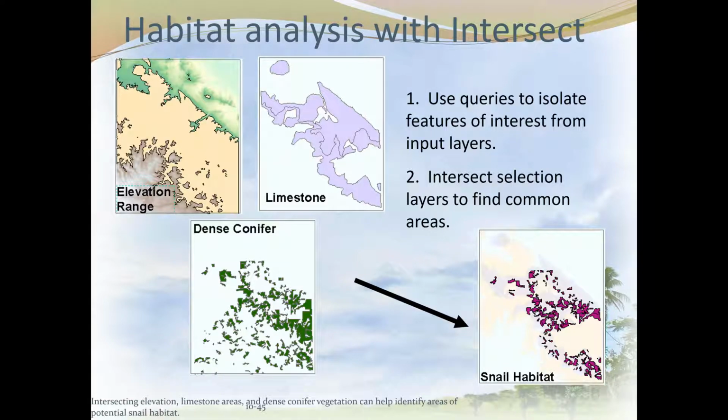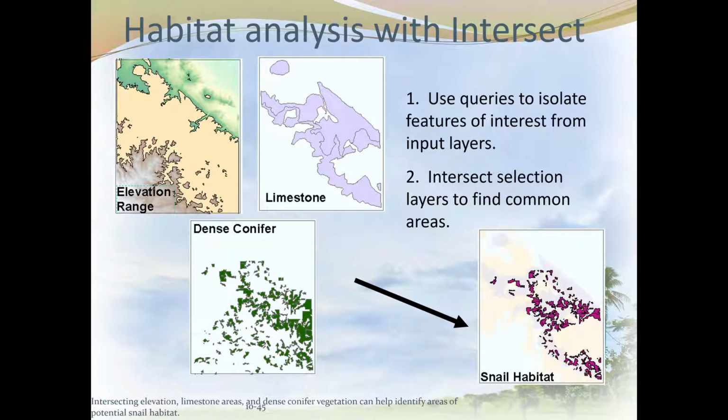So a word about when to use each may be helpful. The primary use of intersect is to find areas where certain conditions overlap, and typically the input layers occupy different regions, as do the elevation range, limestone, and conifer layers shown here.